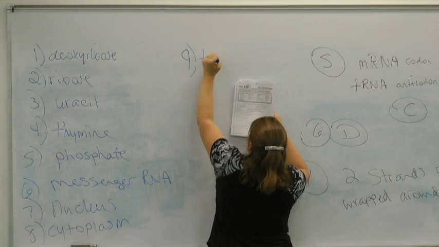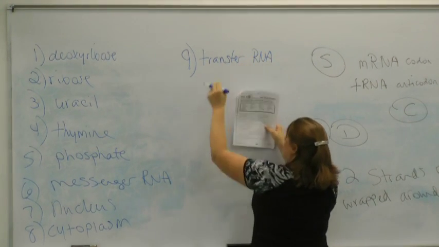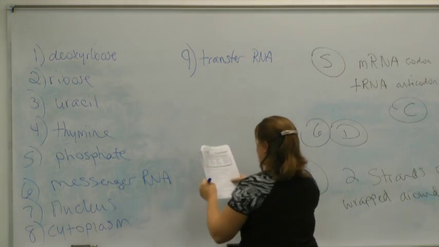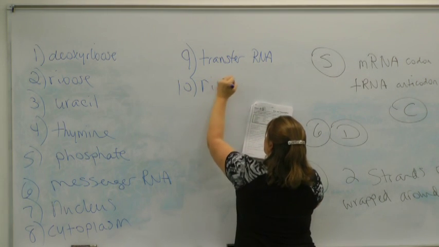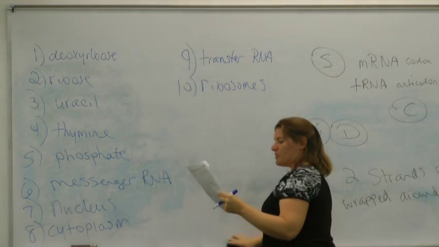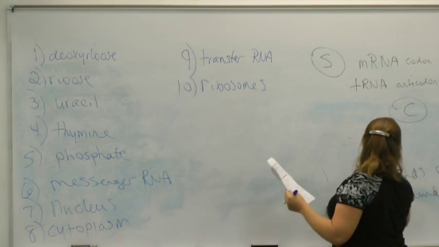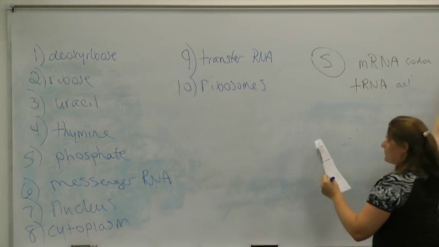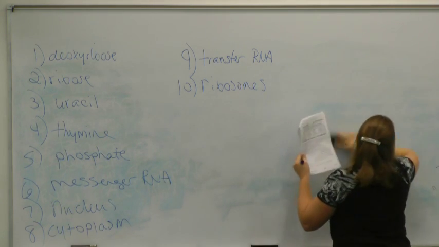A second type of RNA, which is called what? Transfer RNA transports the amino acids to the ribosomes. And then next sentence, there's a little bit of a typo here in number 2. It should say these structures make proteins. Okay, so number 10 is ribosomes.